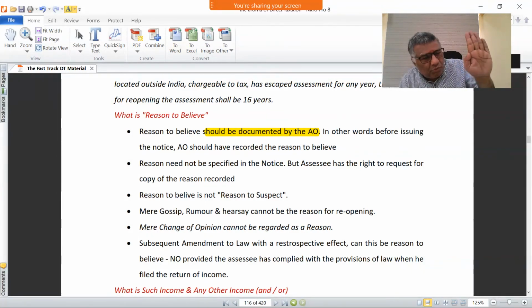While scrutinizing the returns of Rishabh, I found that Watson has sold a property to Rishabh. When I took Watson's return of income for that year, I found that he has not declared the capital gains, so I have reason to believe that income has escaped assessment.